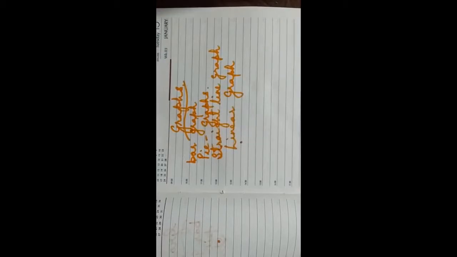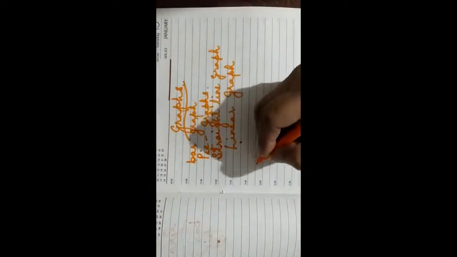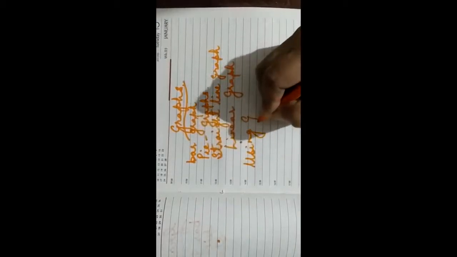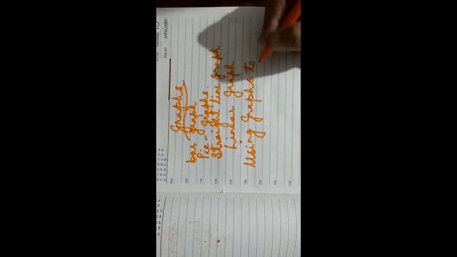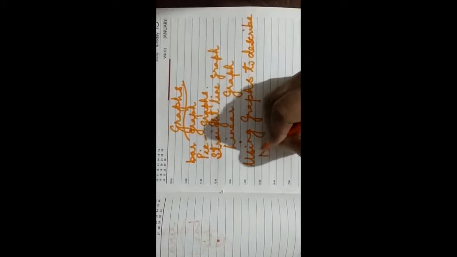Now, we will learn how to describe motion with the help of a graph, using graph to describe motion, that is the distance time graph.